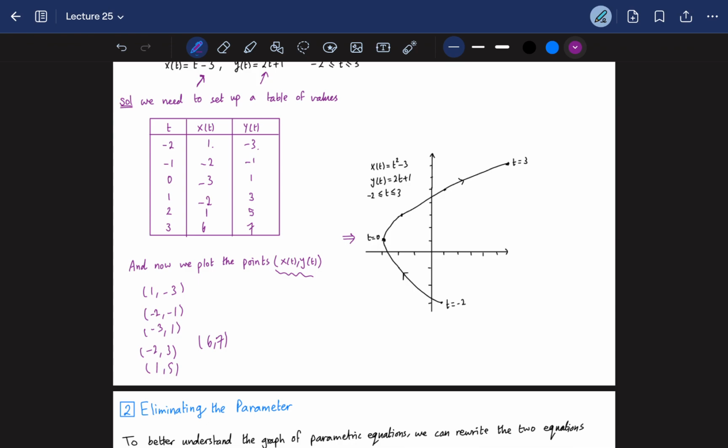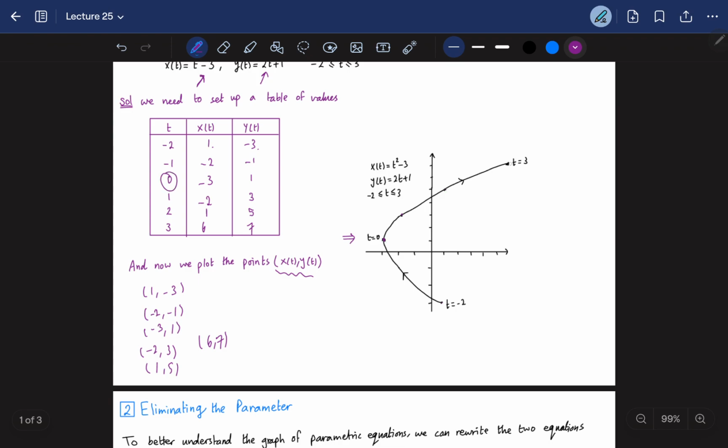Now if you look at the graph, I already graphed it. Here we have 1, negative 3 at time equals negative 2. Then if you look here, negative 3, 1 is at time 0.